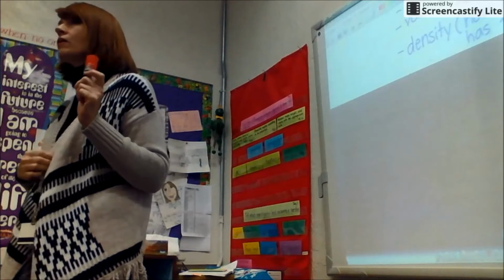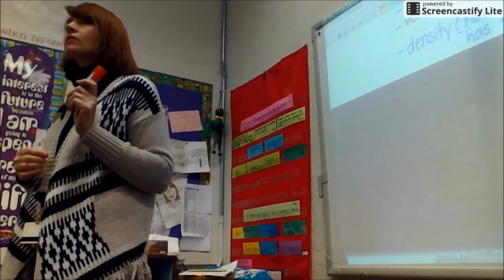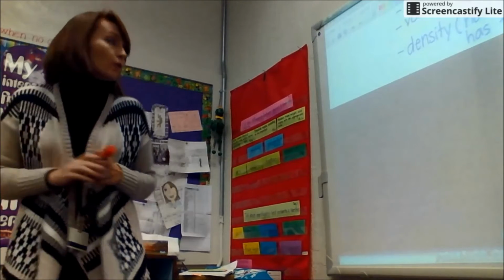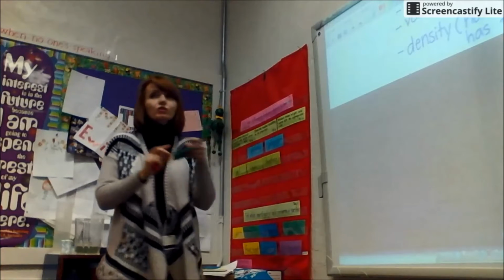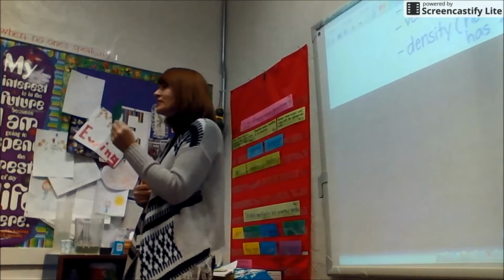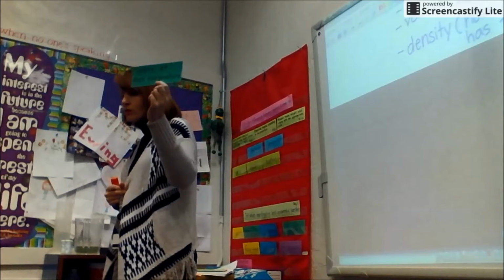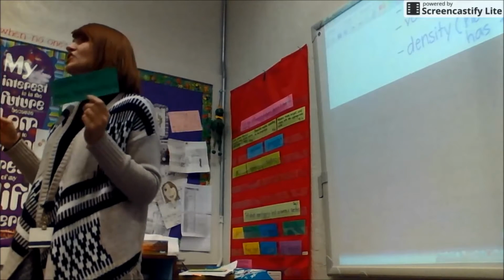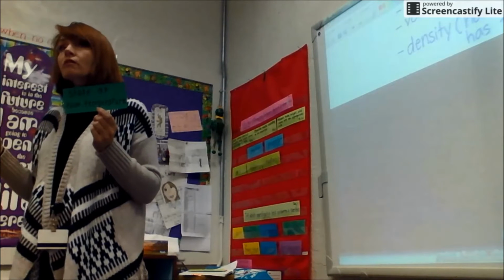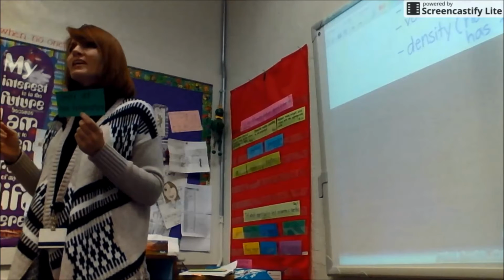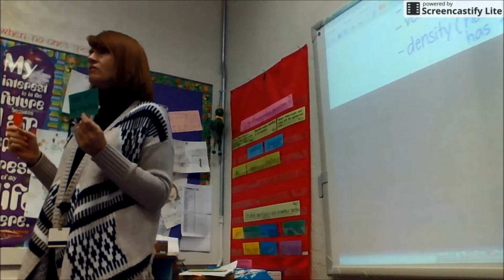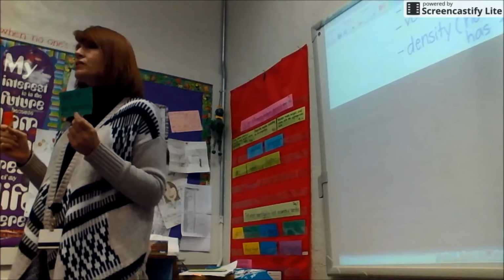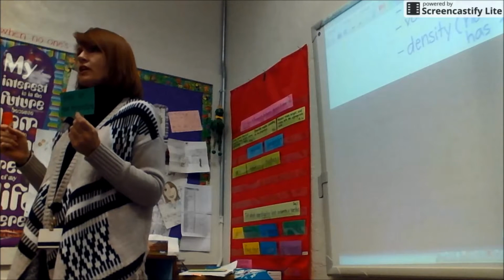In the form of being a solid, liquid, or gas. Yes, and for our purposes in science, one of the things that we talk about when we say state. Yes, because we know that any material, we can make it change its state. Okay? What do we need to do to the material to make it change its state?